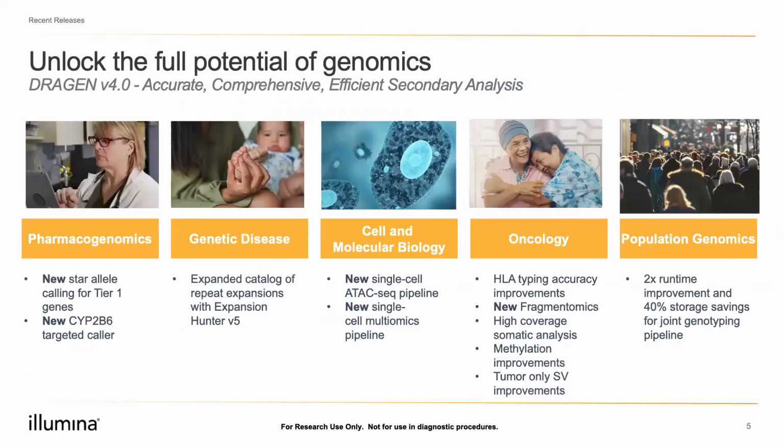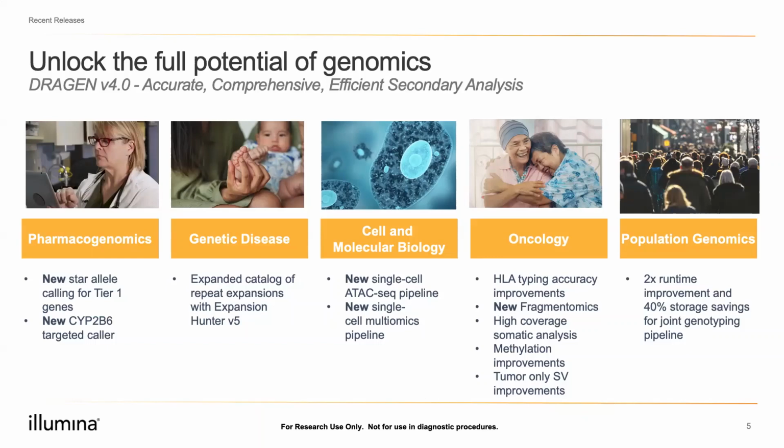Let's talk about how DRAGEN version 4.0 can help unlock the full potential of genomics across a range of applications. In pharmacogenomics, we have an expanded offering that can increase the value of your WGS analysis. We have a new star allele caller for tier 1 genes and a new CYP2B6 targeted caller.